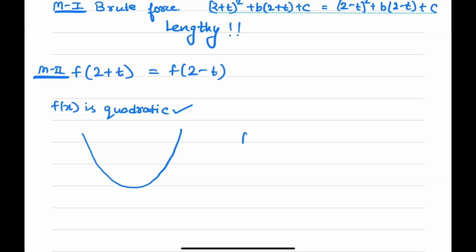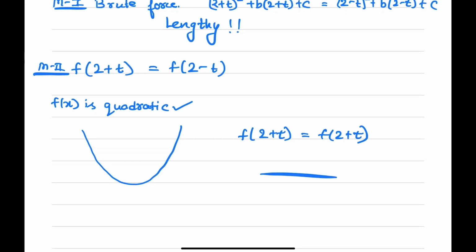Now let's observe what this means. f of 2 plus t and f of 2 minus t. Okay, so let's assume I am at 2 here. If I go t steps ahead, I will reach 2 plus t. And if I go t steps to the left, I will reach 2 minus t.